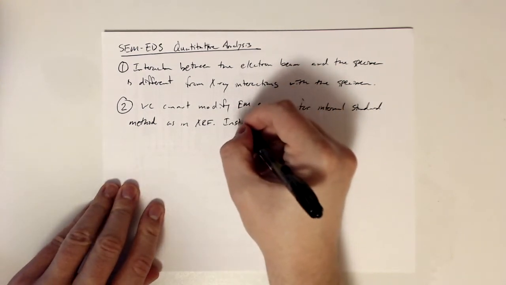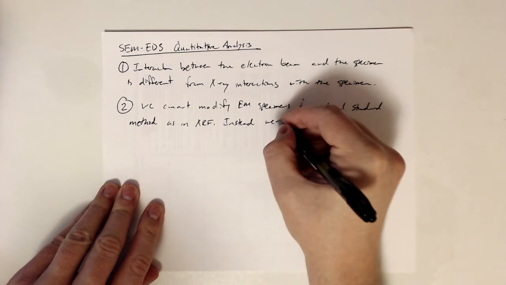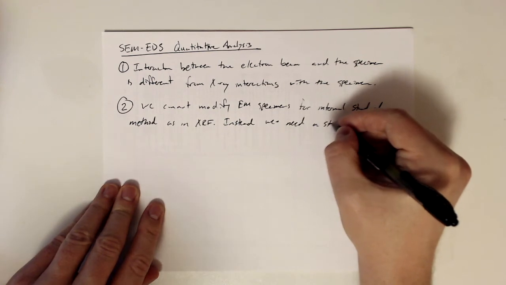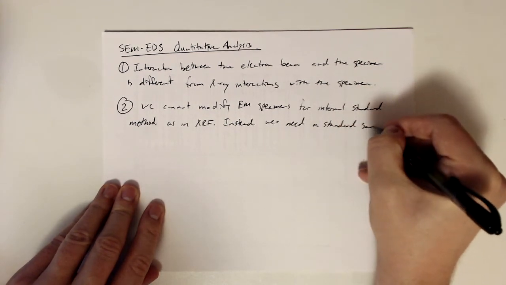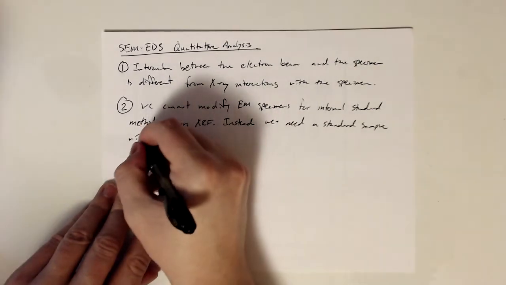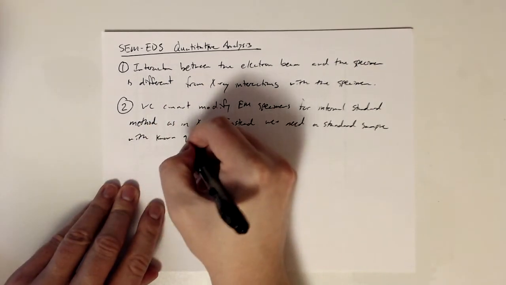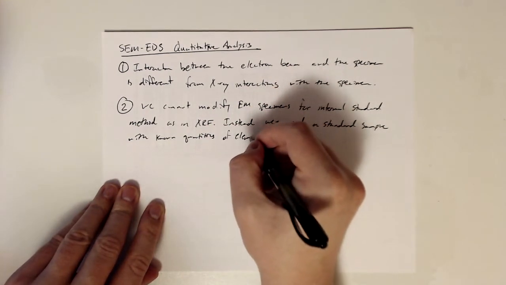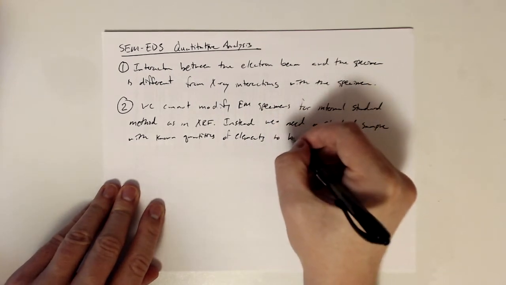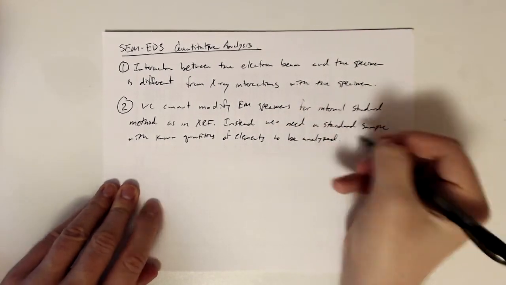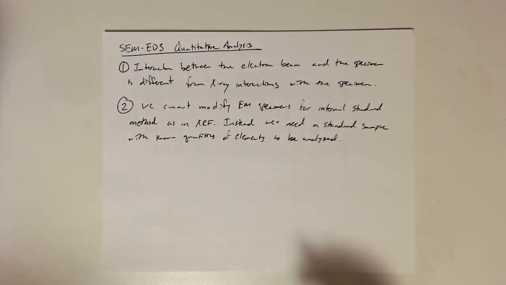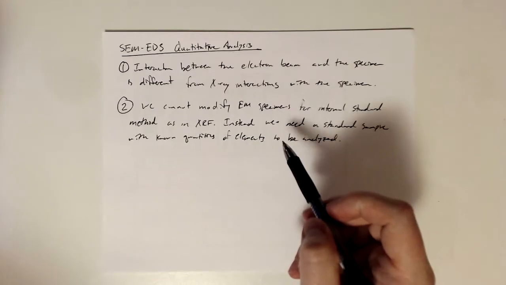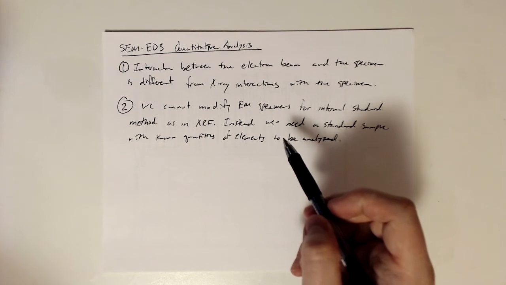Instead, we need a sample standard, or standard sample, with known quantities to be analyzed. So that's the other difference. The interaction is different because we're using electrons instead of X-rays, and also we can't modify the specimens like we did with XRF.